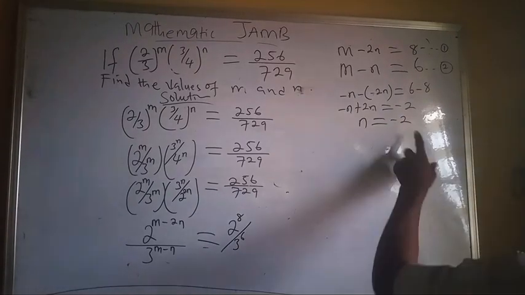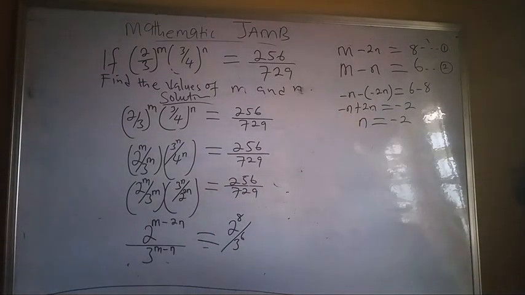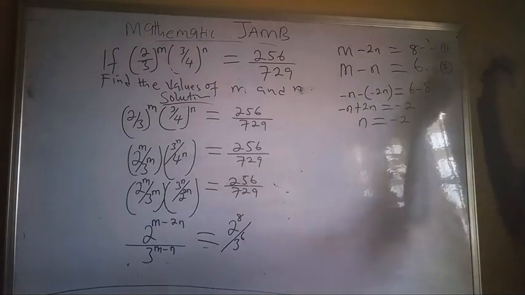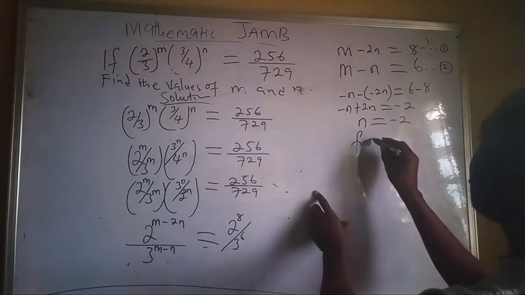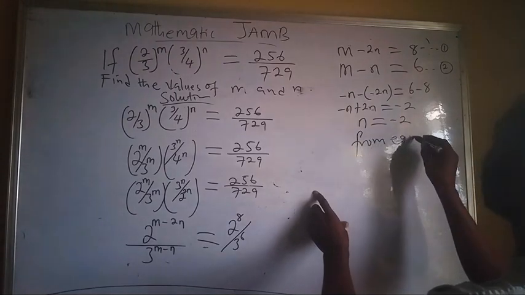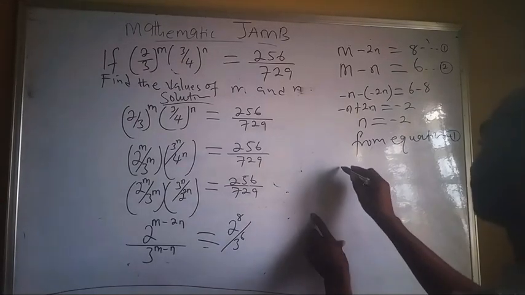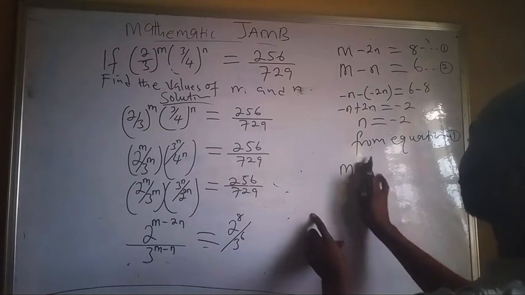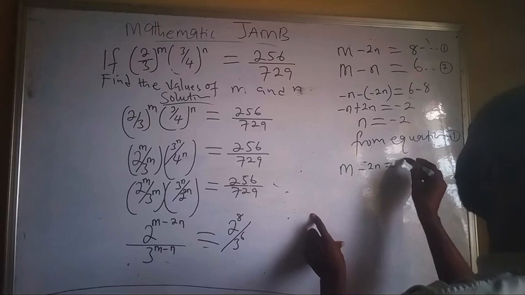So since we know that the value of n is minus 2, we now substitute in either equation 2 or equation 1 to get our m. So from equation 1, m minus 2n is equal to 8.